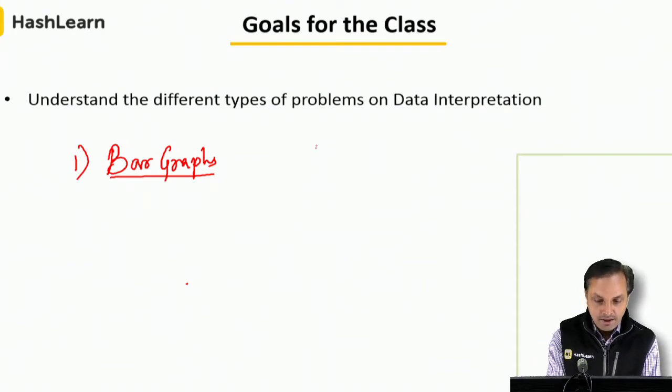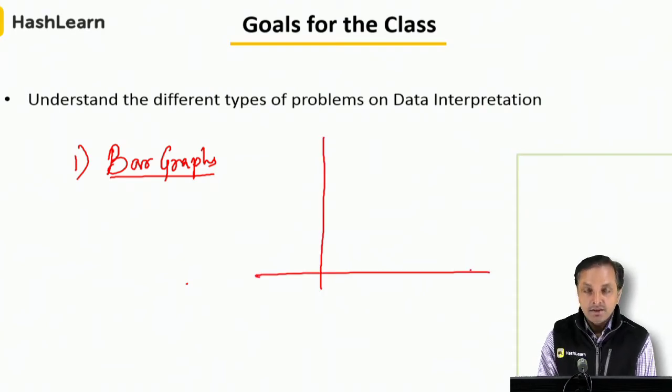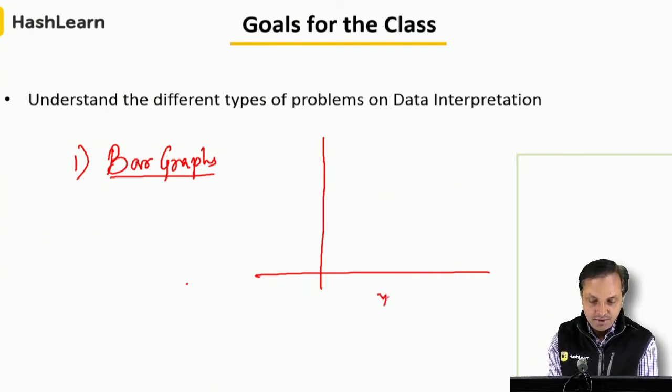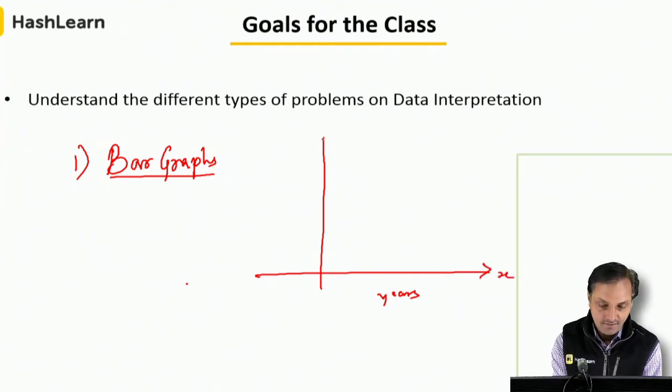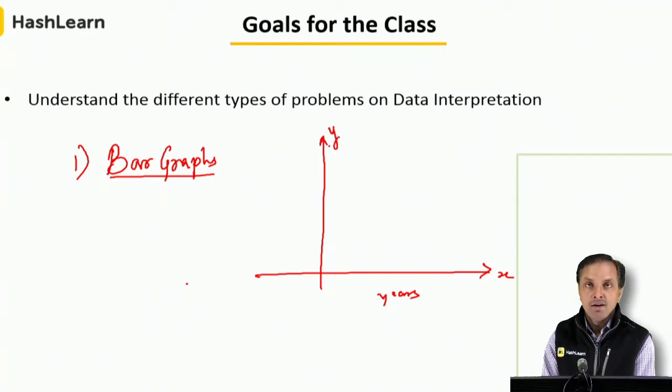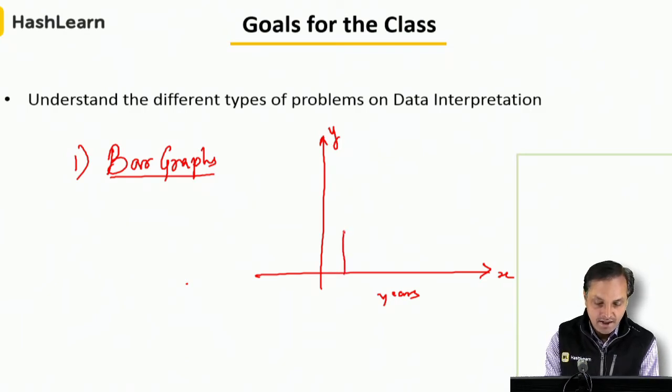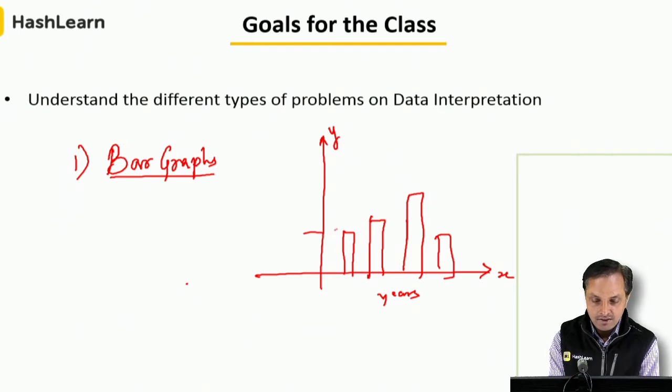So what they give you are graphs relating to, as an example, years mentioned on the x-axis and along the y-axis they would have mentioned the profit made by that particular company in that year.